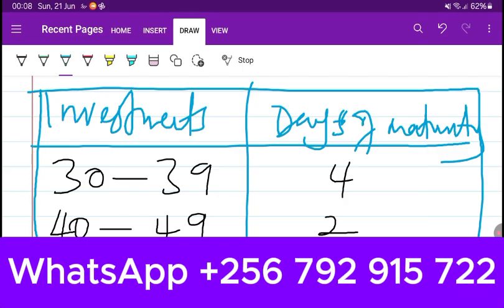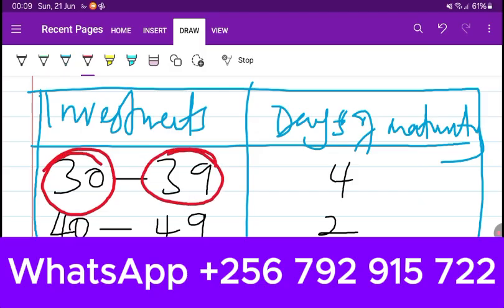Now, in this kind of distribution, the 30 that we have here and the 39, these two values all belong in that class of 30 to 39.